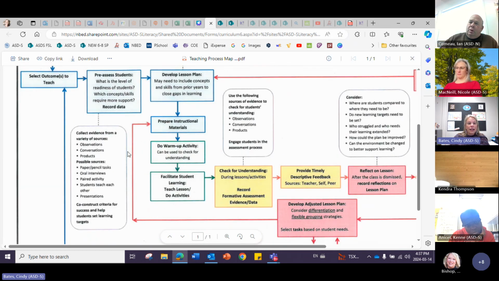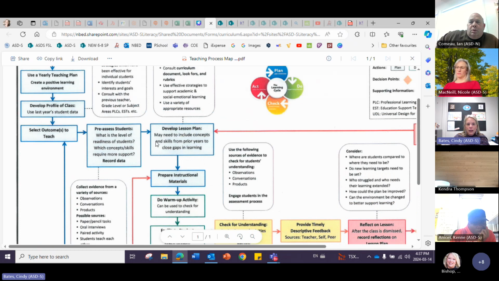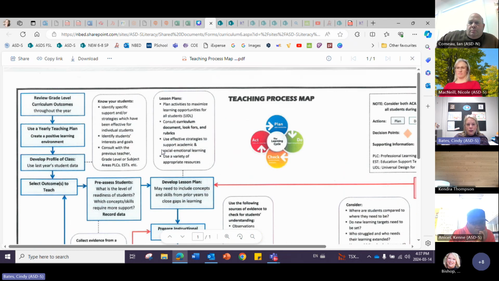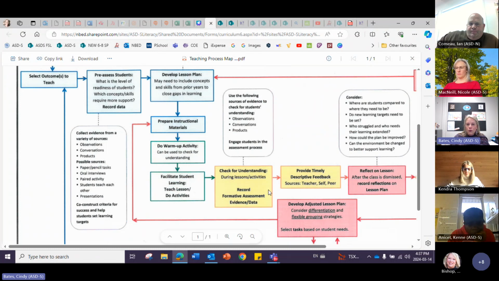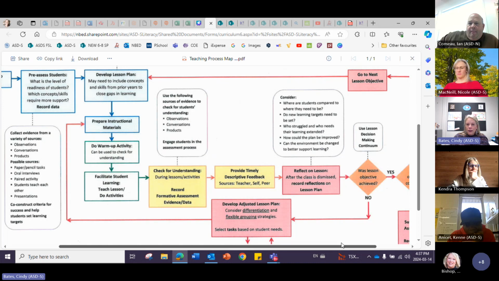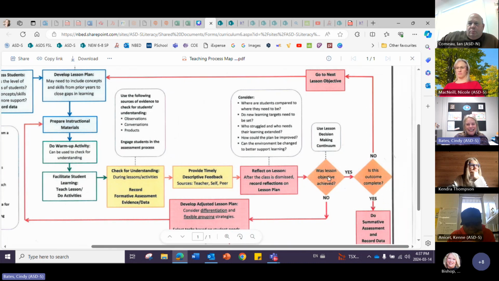It talks about, again, different ways of collecting evidence, which would be your assessments. If a student is struggling, we have our lesson plans, so we're going to do this. But if we're having some issues here, then a little bit of reflection: I don't know if we reached our objectives, so we're going to go back this way.